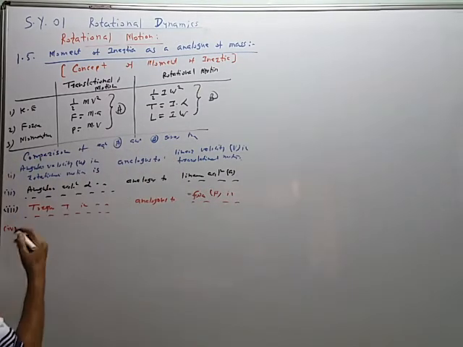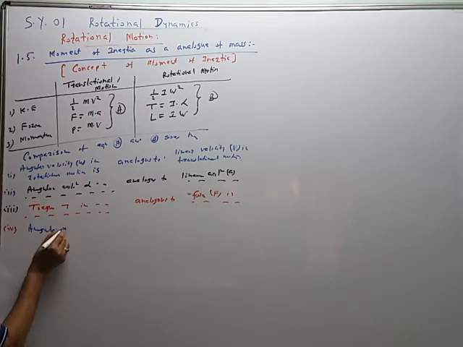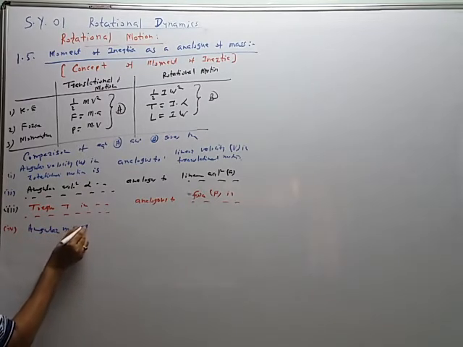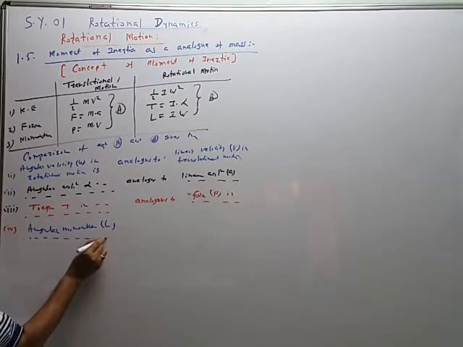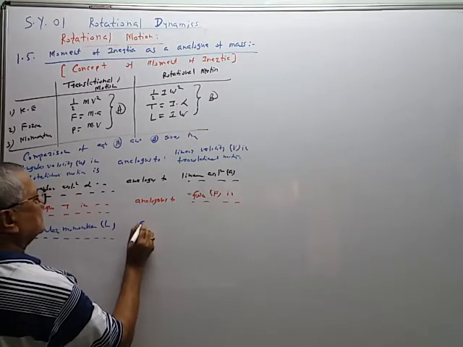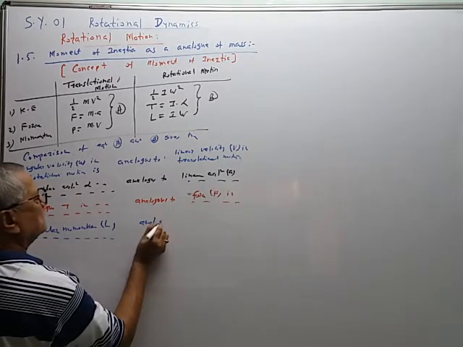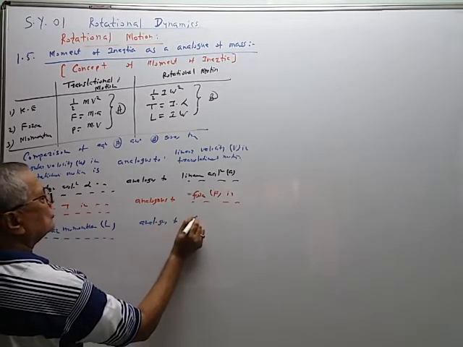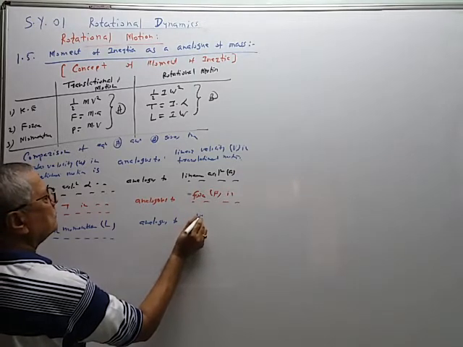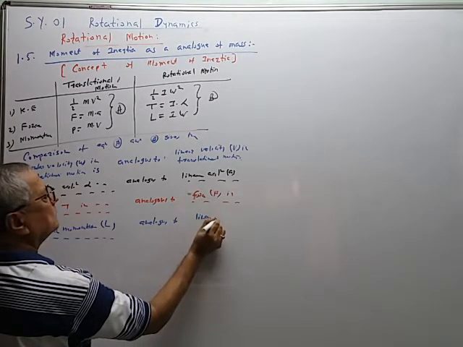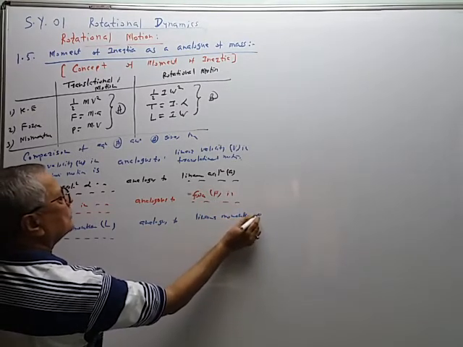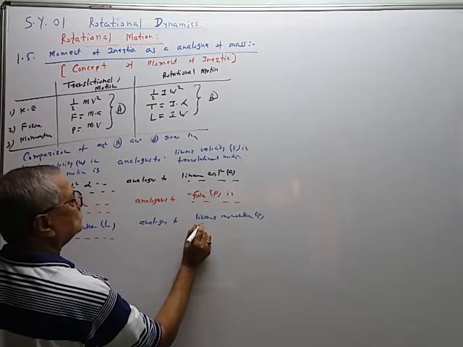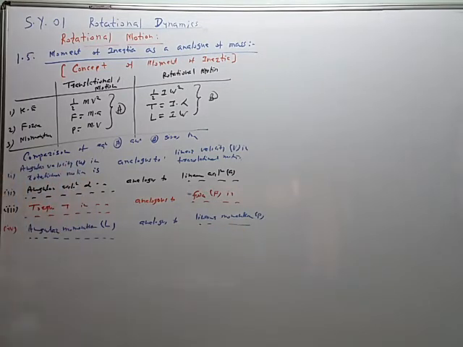Angular momentum L in rotational motion is analogous to linear momentum P in translational motion.